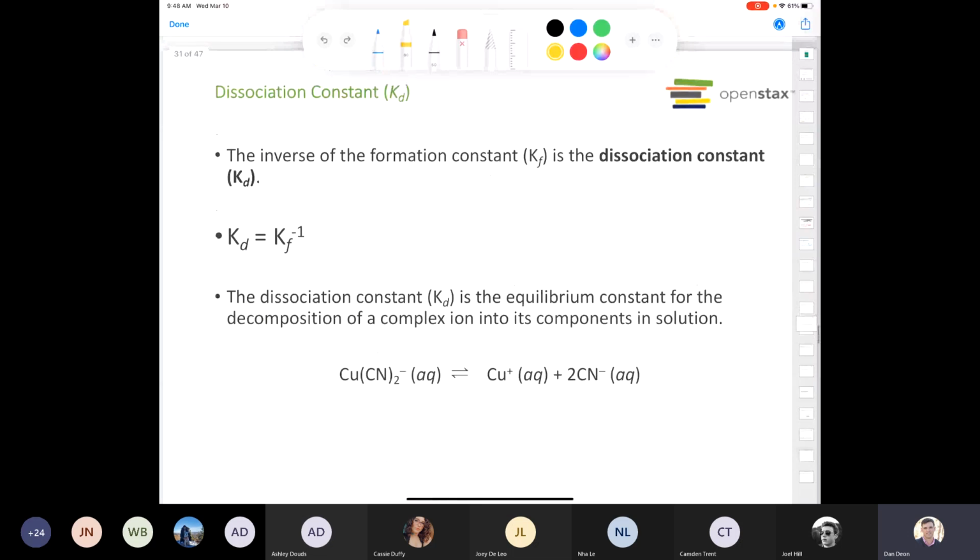Now, the inverse of the formation constant is called a dissociation constant. And the dissociation constant is simply the inverse of the formation constant. So Kd is going to be equal to Kf to the -1, or the reciprocal of the formation constant.